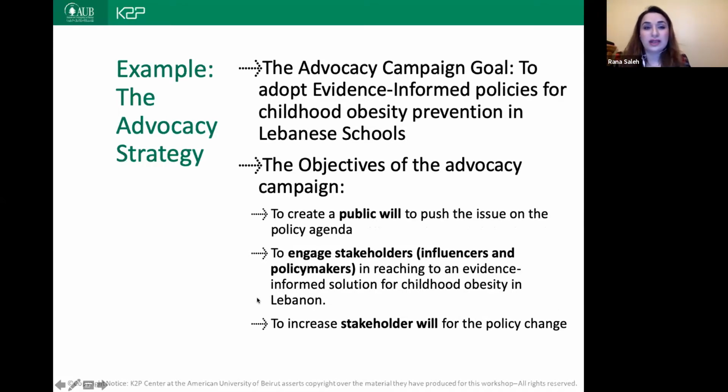This proper understanding helped us identify the goals for our campaign, which was to have the adoption of the evidence-informed policies that we were recommending in our policy brief. The audience that we chose was everyone, because obviously if you're aiming for a complete overhaul in the schools in Lebanon, you have to engage with everyone.